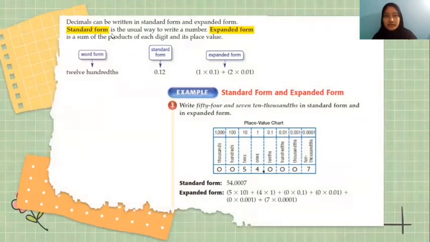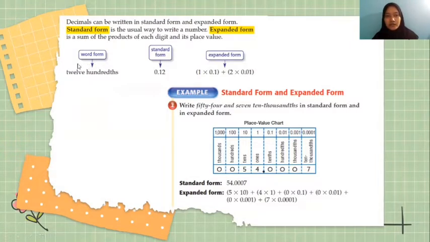Next, decimals can be written in standard form and expanded form. Standard form is the usual way to write a number, and expanded form is the sum of the product of each digit and its place value. This is the example.